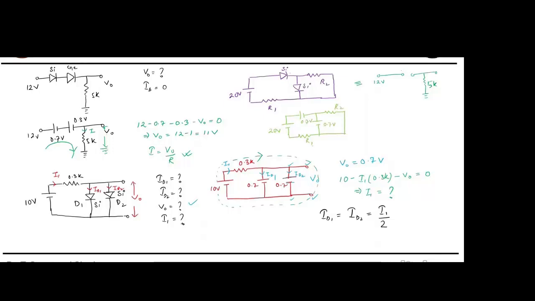Now, if they ask, let's say, ID1 and ID2, suppose this is D1 and this is D2, can you find out? Yes or no?